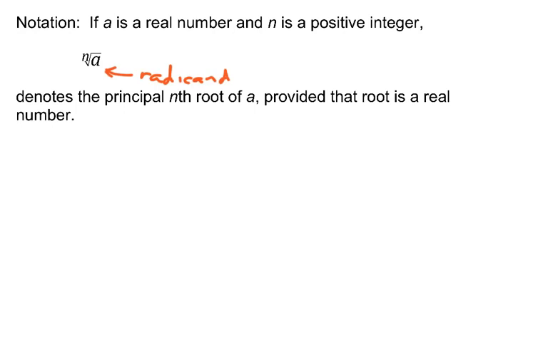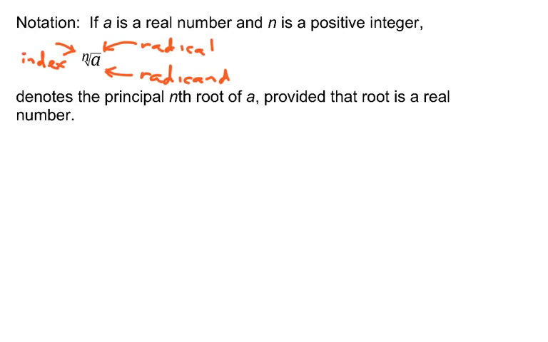The symbol itself that gives you the idea of a root is called a radical, so that's not different from when we were looking at square roots. But the n, the little number that goes right here, is called the index. And the index tells you the type of root, whether it's a cube root or a fourth root or whatever else we might have.